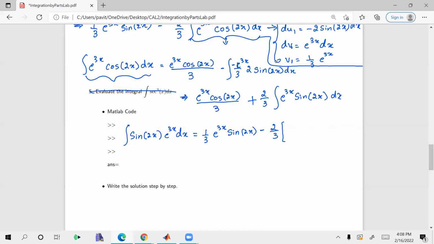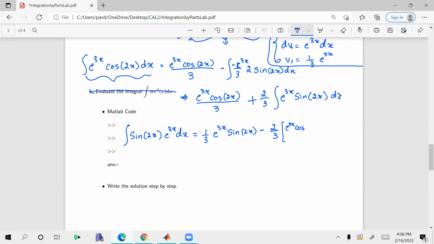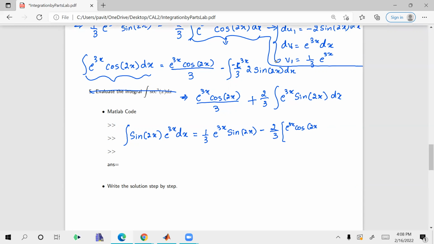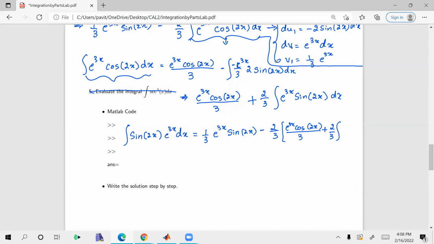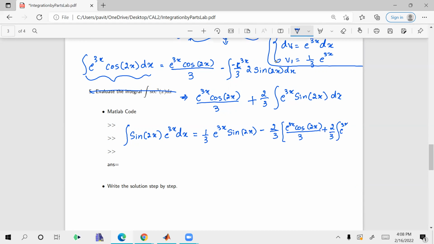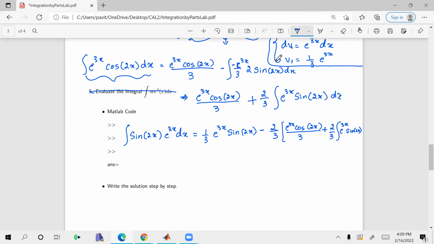So I'm going to write that directly here. So that will give me e to the power of 3x cos of 2x divided by 3 plus 2 by 3 integral of e to the power of 3x sine of 2x dx.